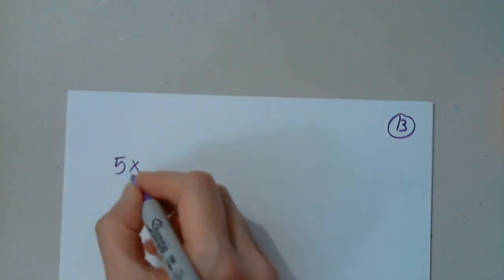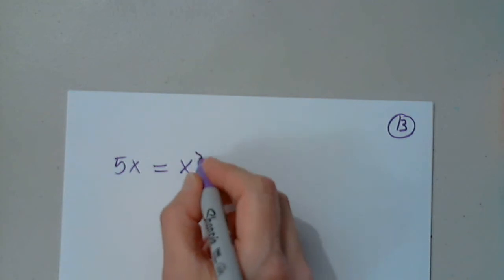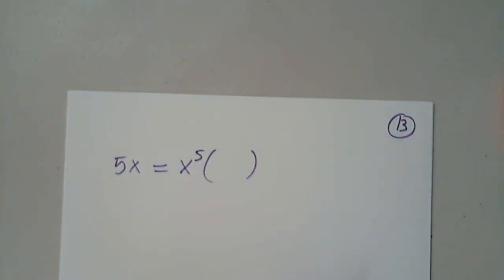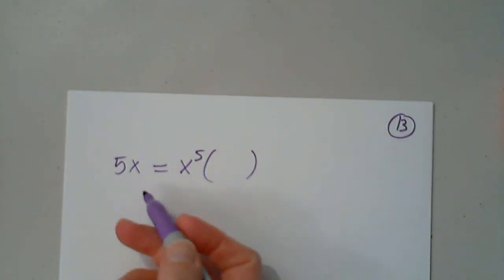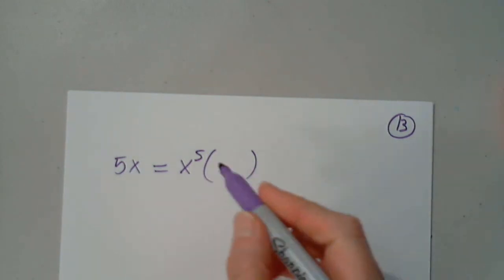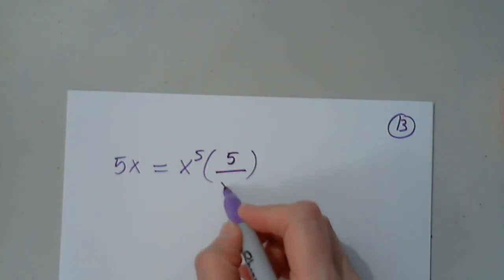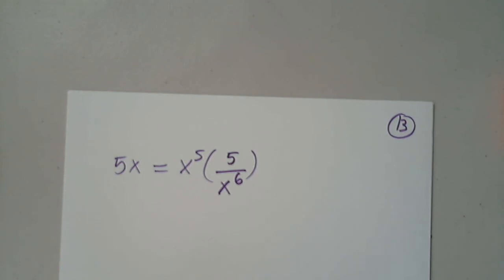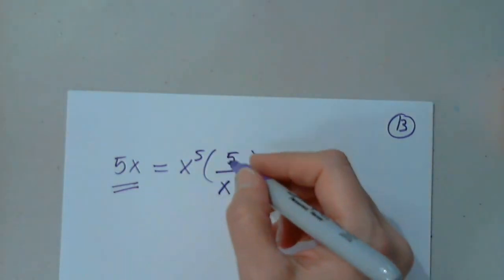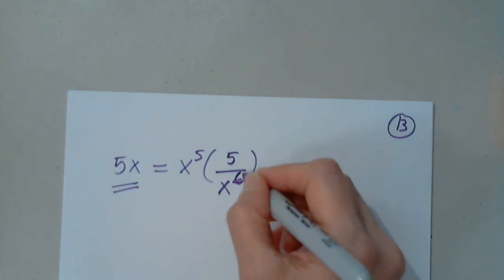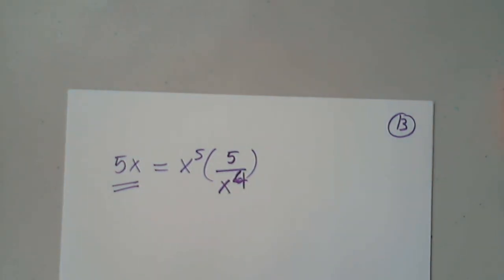Here's how it works. If I have 5x, can I factor out x to the 5th? No, because x to the 5th is not in there. But yes, I can. I can factor out anything I want, as long as this product is still 5x.